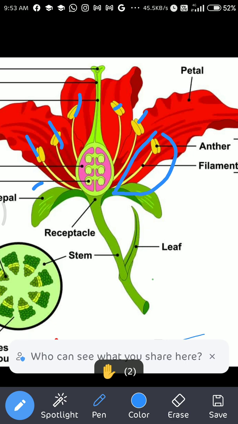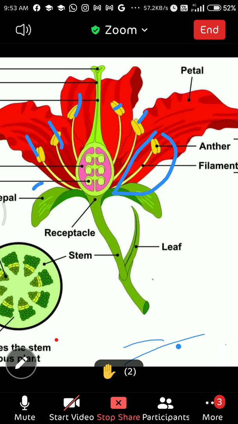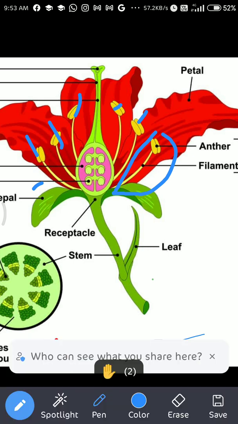Calyx. Another whorl is corolla. And the third whorl is androecium. And the fourth whorl is the innermost. Here you just see in the picture this one inner structure.